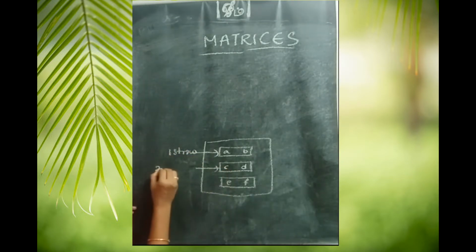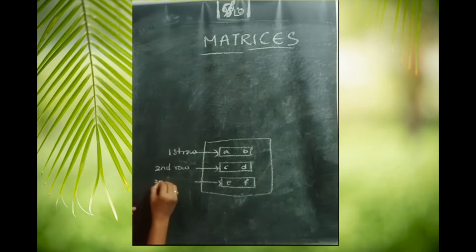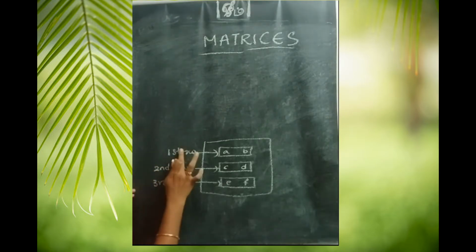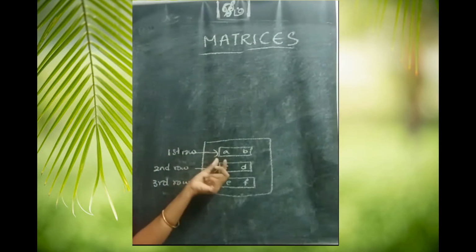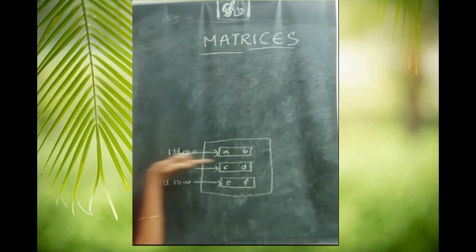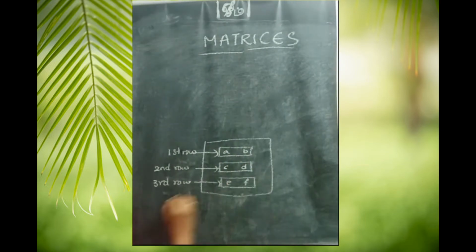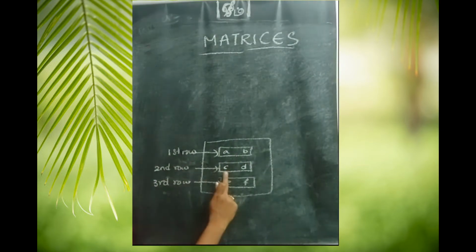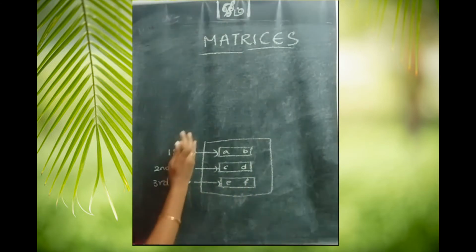And this is the second row. And this is the third row. In first row, how many members are sitting? A, B. That is 2 numbers. A, B are sitting in the first row. So horizontal, like this. Okay? Like this. In second row, C, D. In third row, E, F. Okay. These are the rows.